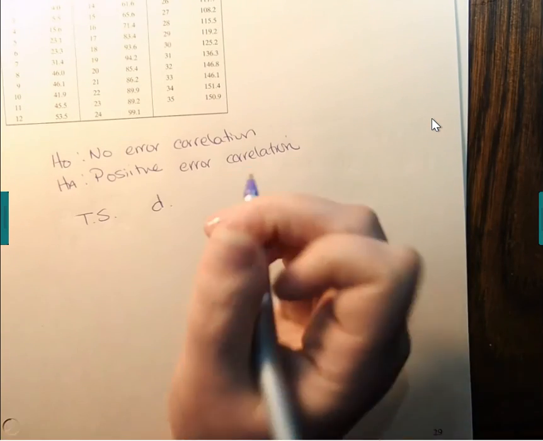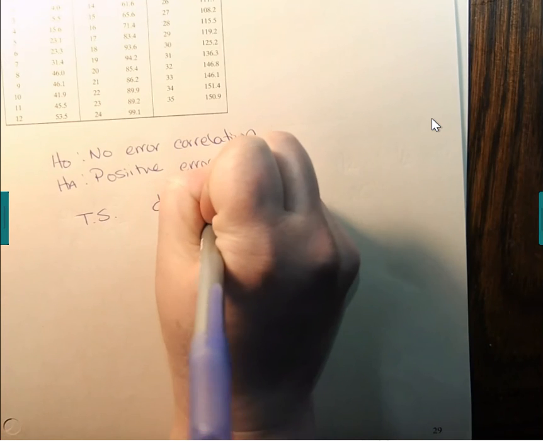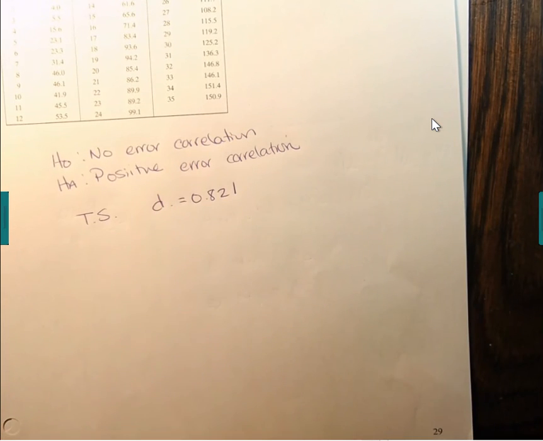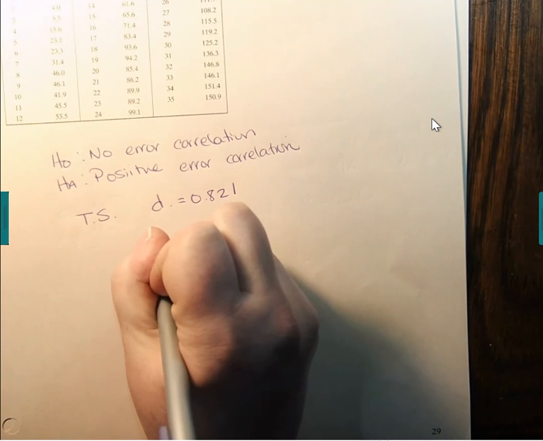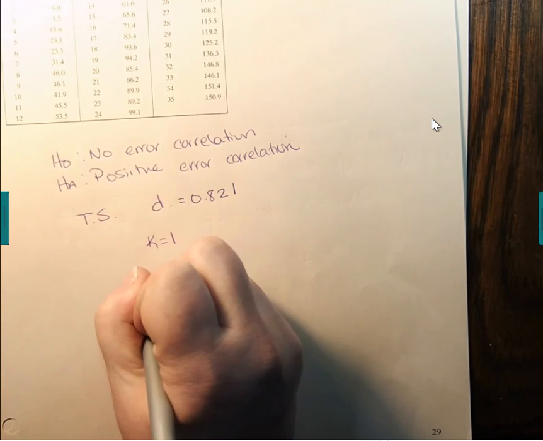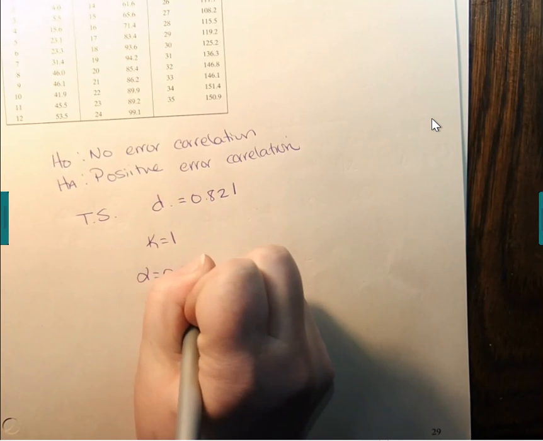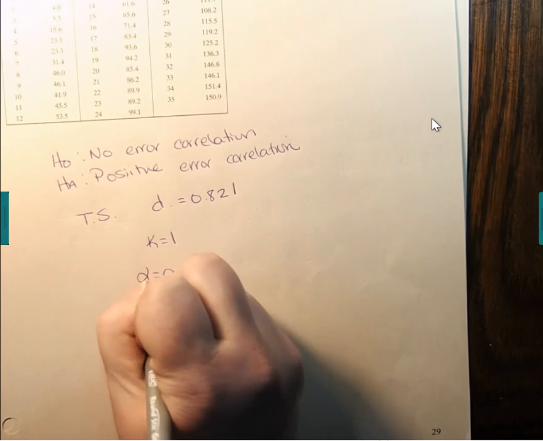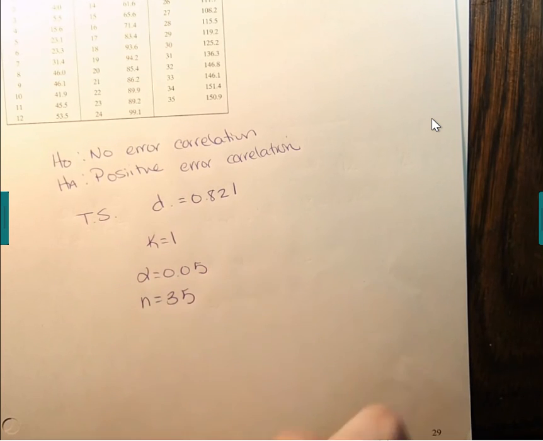Right. So here D is equal to 0.821. K is our number of predictors, so in this case, K is just equal to 1. Alpha is equal to 0.05. N is the number of observations, which is 35 for this example. So again, we're going to go to our table.